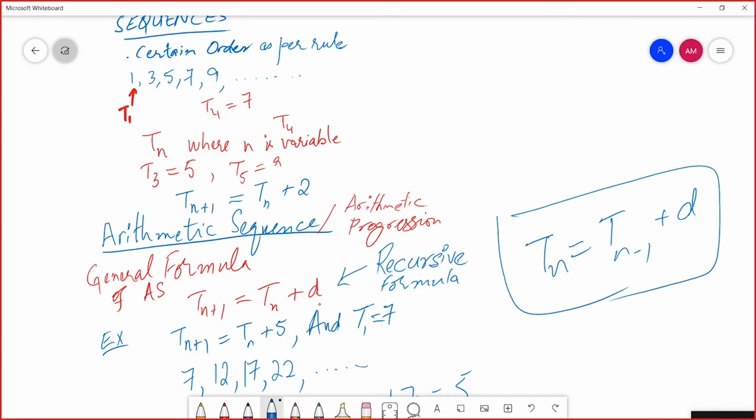Because in the first formula, which I made in red, the next term is the present term plus the D, while here the present term is the previous term plus the D. It's the same. Here we are saying the next term, here we are saying the present term. Does it make sense?